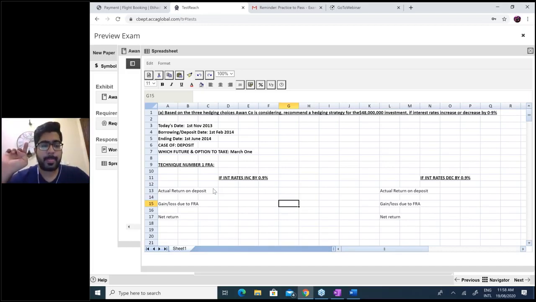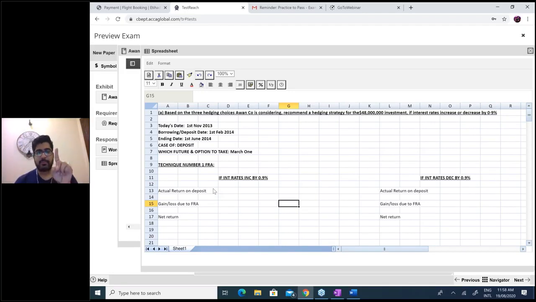See my fingers. When do you plan to borrow or deposit? 1st Feb. You plan to deposit on 1st Feb till when? 1st June. Today's date is 1st November. Listen carefully.